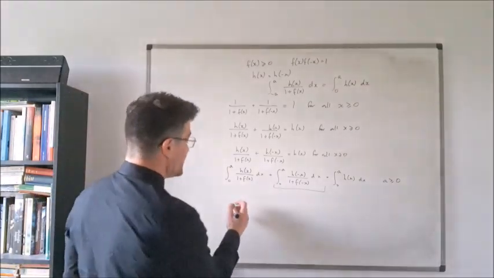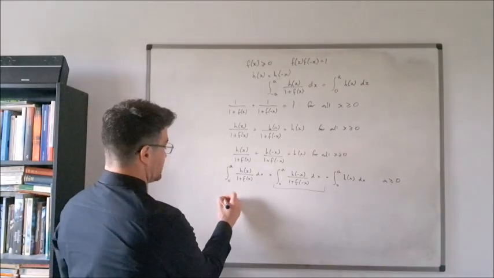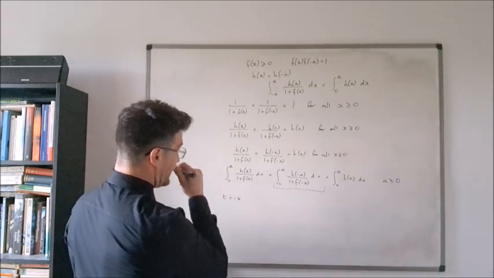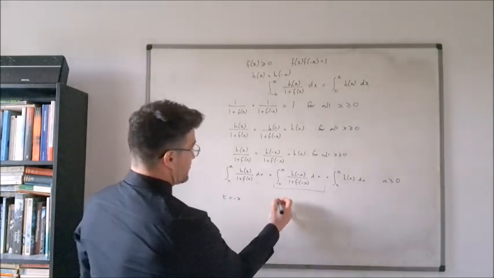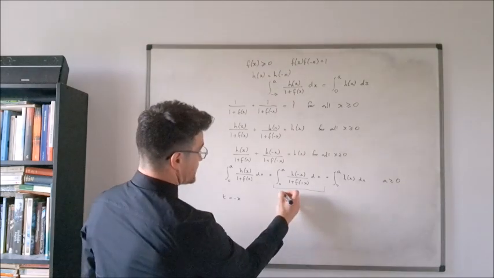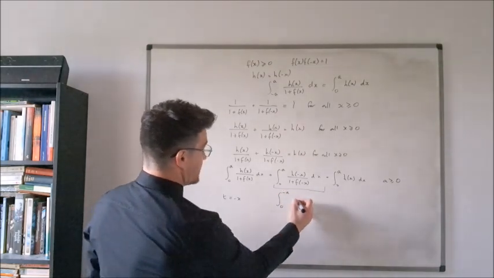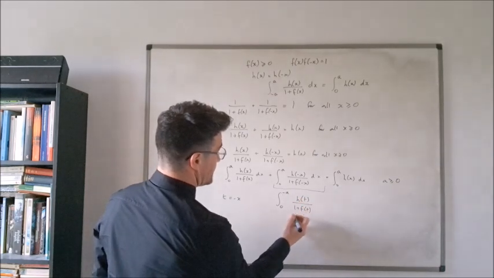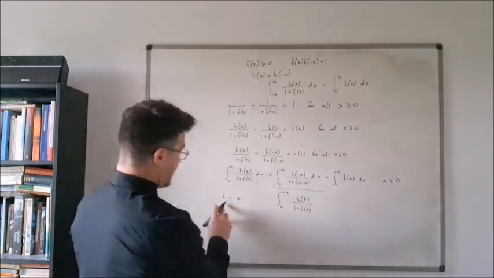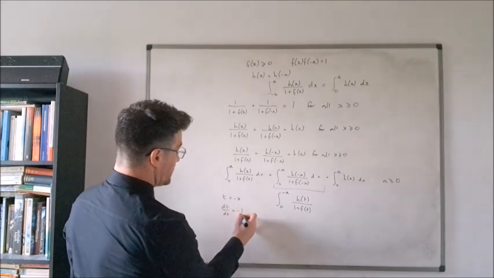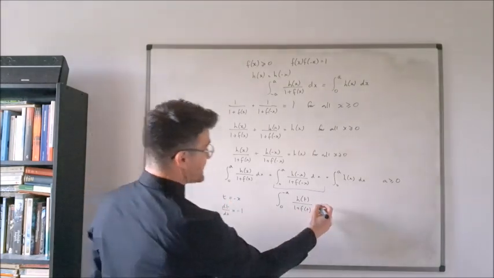Okay, so this thing here, I'm going to do a similar thing to what I did earlier. Make a substitution, t equals minus x. When I do that, this integral will become the integral from 0 to minus a of h of t over 1 plus f of t times dx, and dt by dx is equal to minus 1, so dx is going to be minus dt.